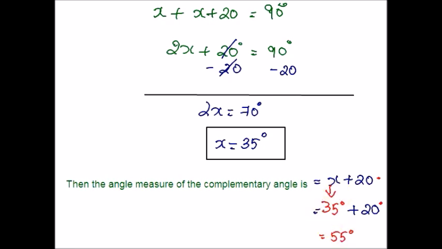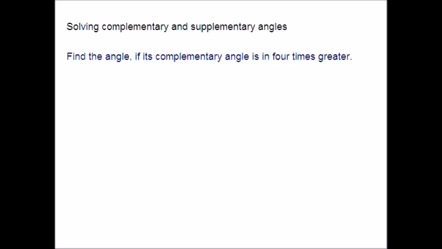Now let me take the next example. We are supposed to find the angle if its complementary angle is 4 times greater. Times means multiplication. Let x be the angle measure of the given angle. We always assume some variable to denote the unknown angle or unknown term. Then the angle measure of the complementary angle is 4 times greater.